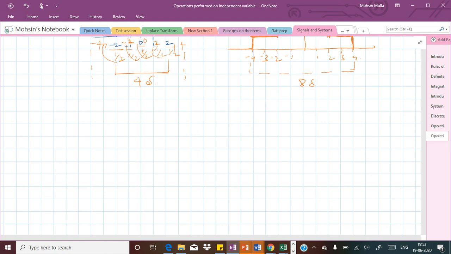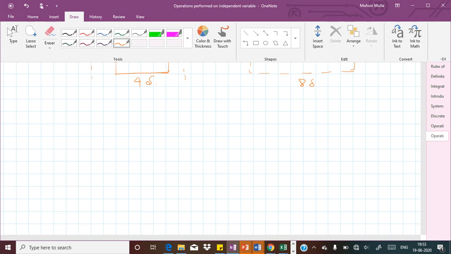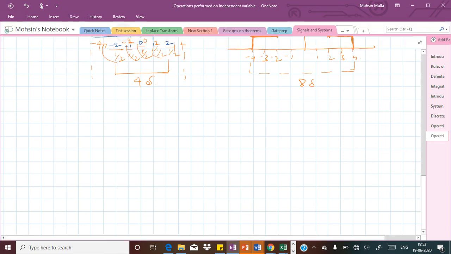Time reversal can be easily understood with the help of a mathematical representation. So let me show that second type, the time reversal operation. In time reversal, let us write a few lines for that, then we'll see the signal and the operation performed on it.